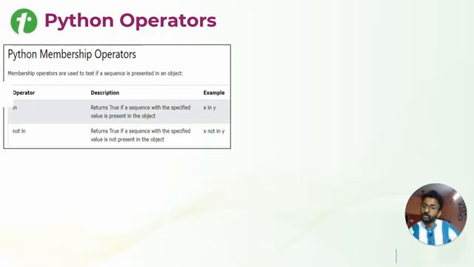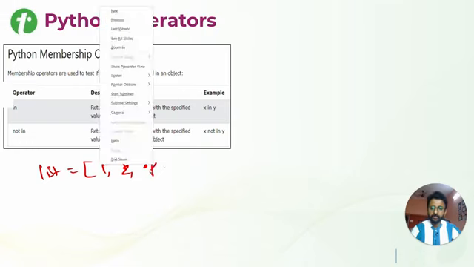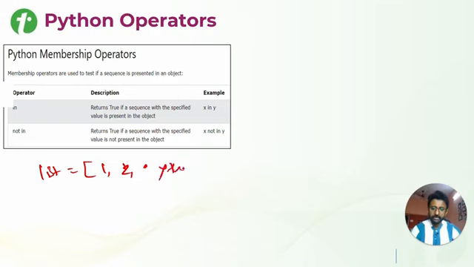Then whenever you are saying a membership operation, that means whether that particular value is present or not. When is it useful? For example, you have a list of 100 values, right? You do not know exactly what is there inside that. A list can have digits, strings, it can have n number of values, right? We'll see them in upcoming slides.